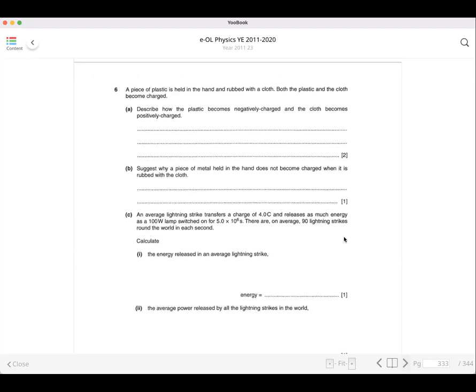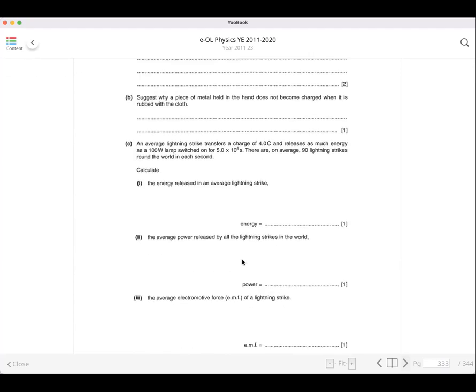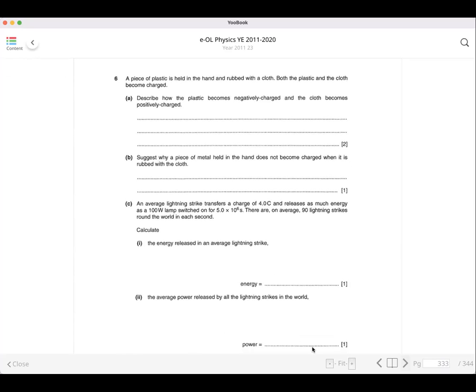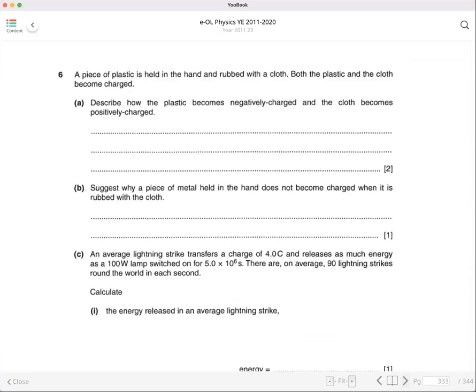Do you want me to go through A and B? If not, can you do C 1, 2, 3? Everybody, you all may begin.